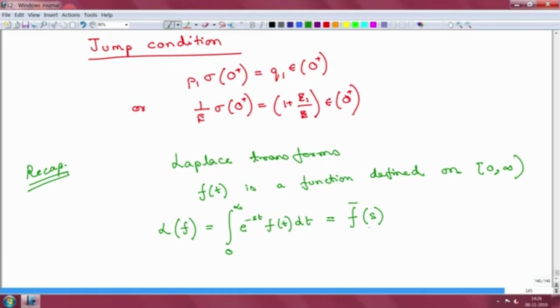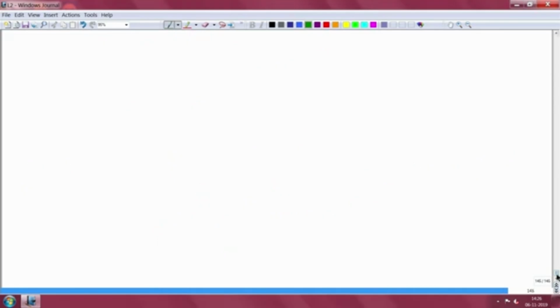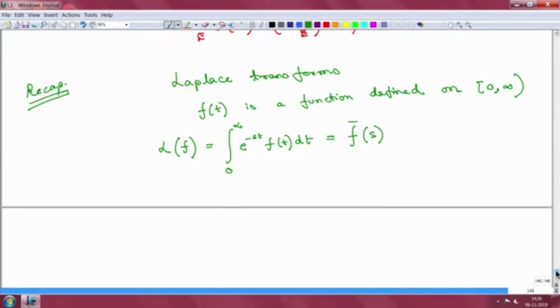Please do not confuse this s with the previous s that we used for dummy variable in the integrals. Okay. And when the Laplace exists, we can show that the function f t can be recovered by performing the inverse Laplace of the Laplace function.